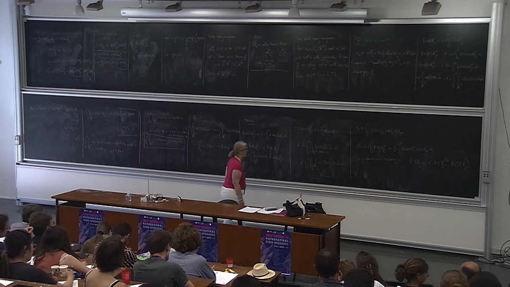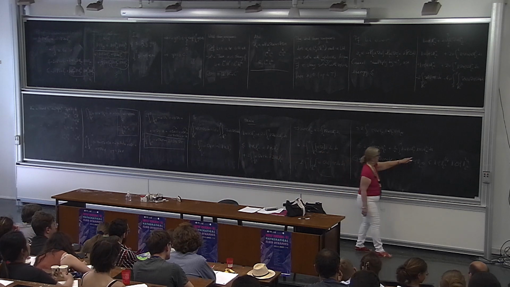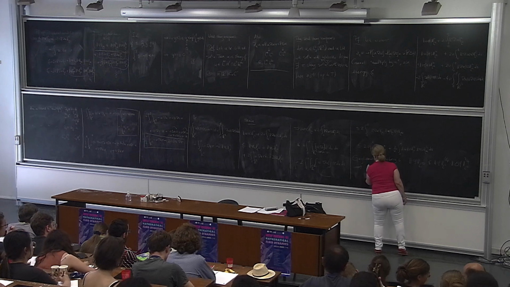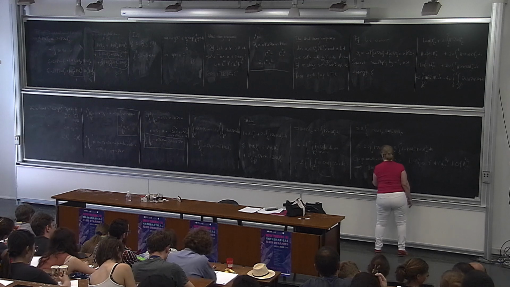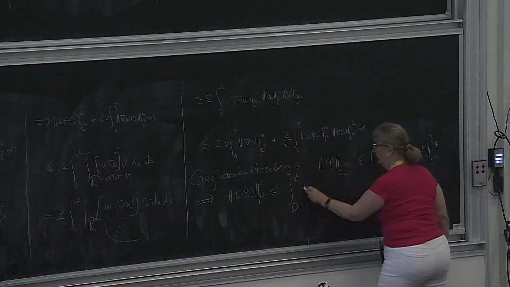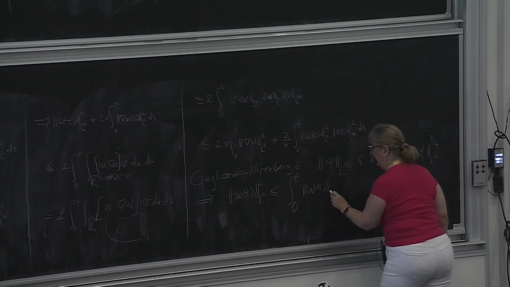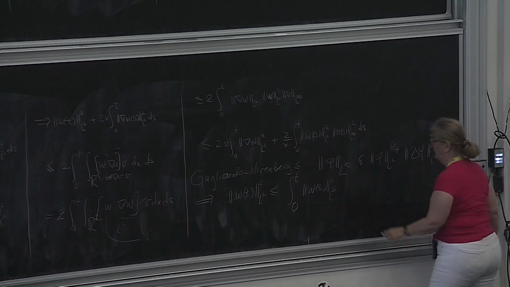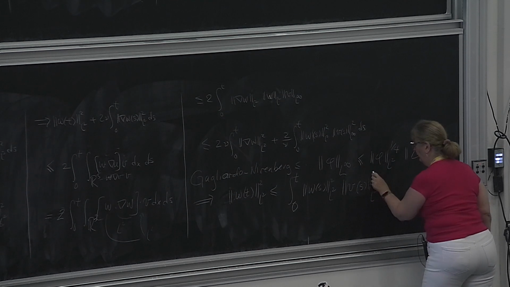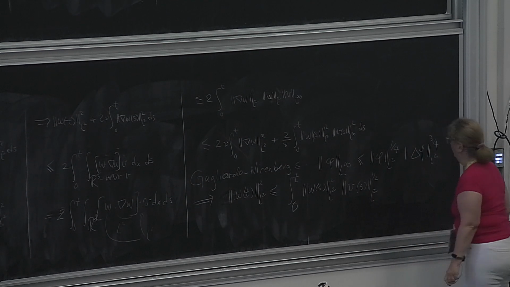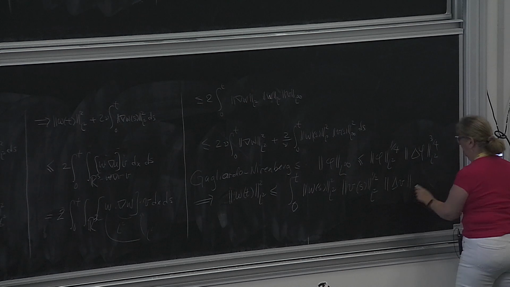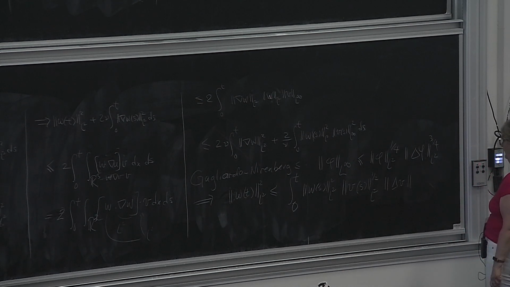And now I'm home free because this is the square, so this is going to be, so d/dt, sorry, not dd t, the L2 norm of W squared is less than or equal to the integral in time of the L2 norm of W of s squared times the L2 norm of V to the 1/2 times the Laplacian of V, there's something wrong.